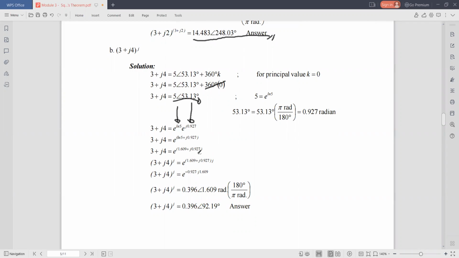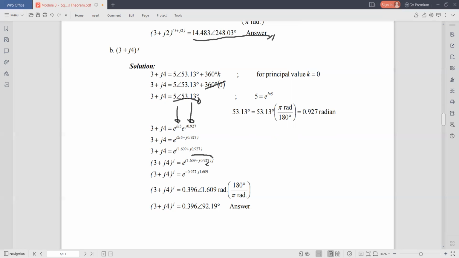So the same thing. You apply here your e raised to 1.609 plus j0.927 as your power. Now, just multiply here using the distributive property. So you have j1.609, and then this is negative j0.927 times j. This is positive j times j, so this is negative, that is equal to negative 0.927.